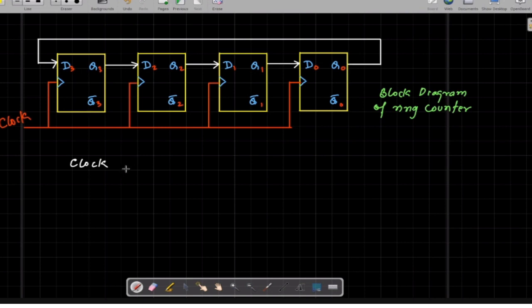So initially the clock input, then we have, let's say, the outputs Q3, then Q2, then Q1 and Q0.